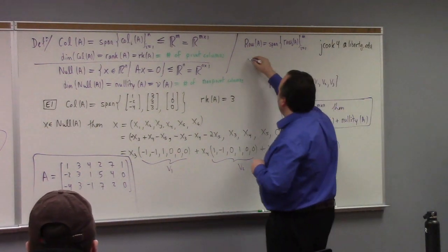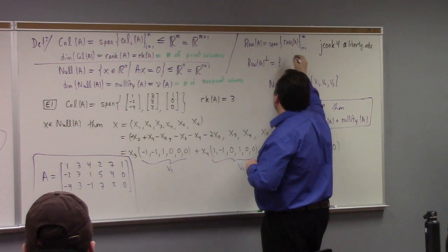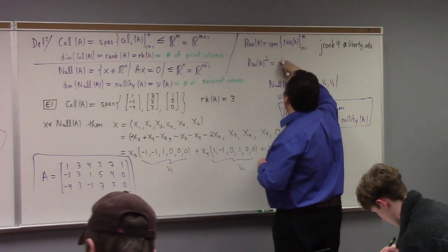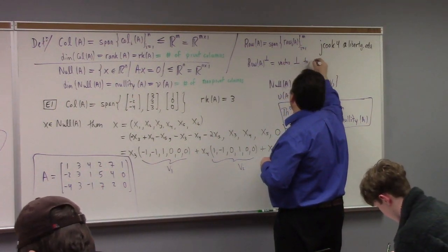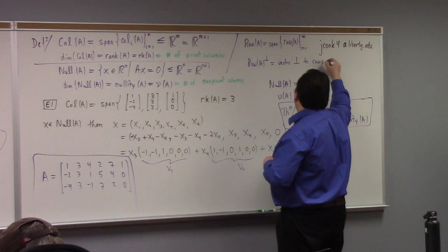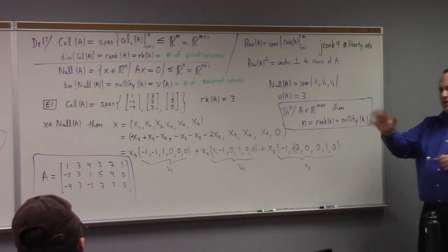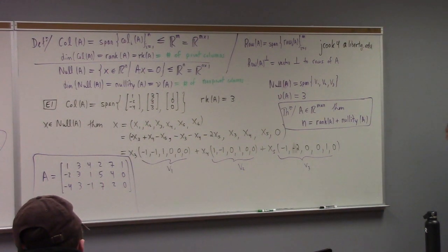And you could define something called row A perp. Let me just use words: it's the vectors perpendicular to the rows of A, all right? I'll try to be more careful about this next time, but I just want to point out the pattern to you guys while we have all this on the board.